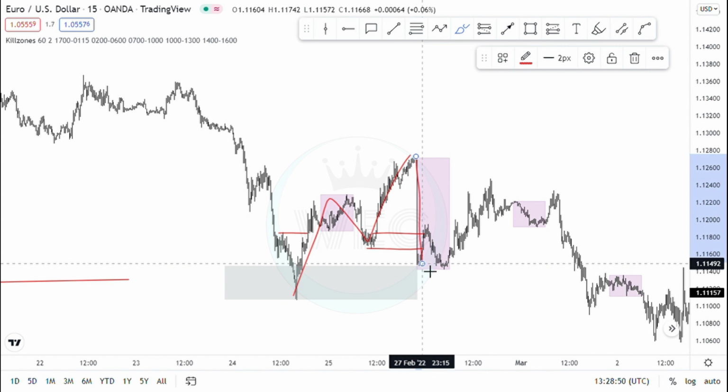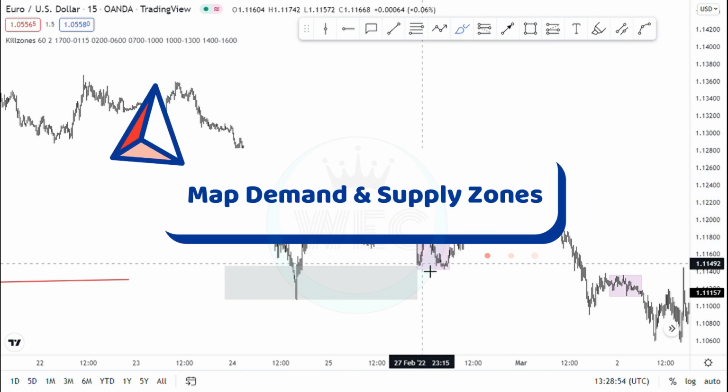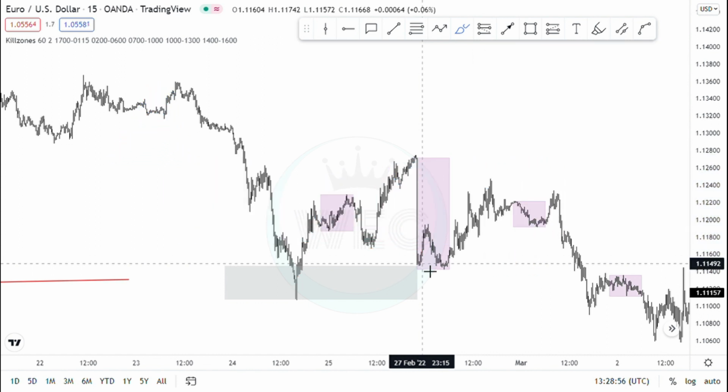And then the third thing I did was that I learned how to map demand and supply zones. Okay, it is very important. And one thing I'm going to say about this is that if you learn how to read market structure the right way, if you're able to do the second tip that I give you the right way, marking demand and supply zones wouldn't be a problem.